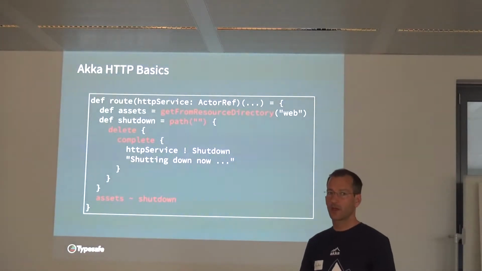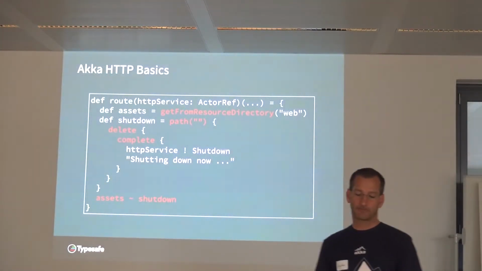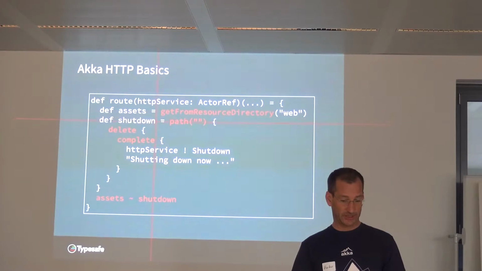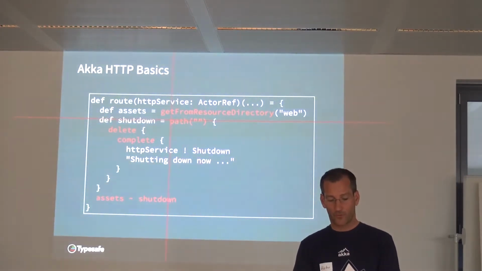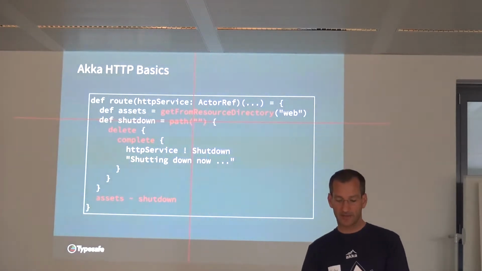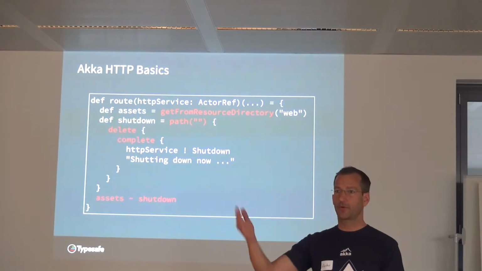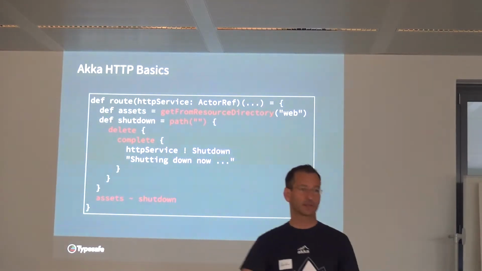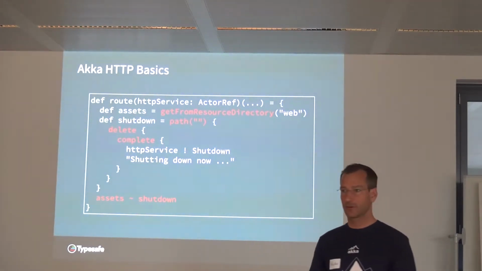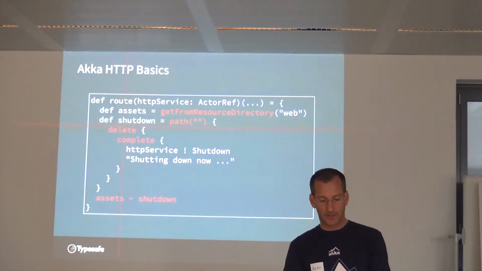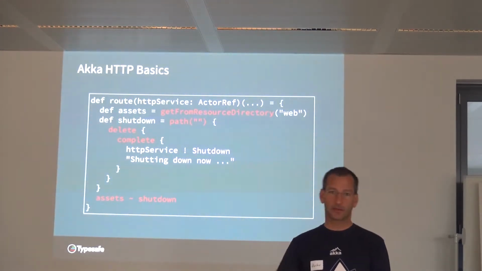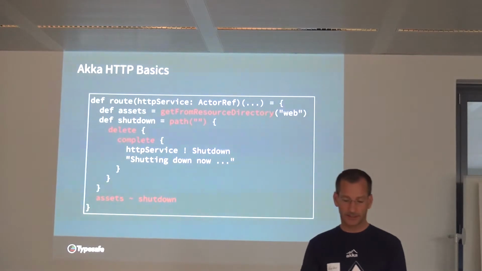If you want to have some dynamic content, like in this case, shutting down your system, you go for the root path. Here's a path matcher. That's a simple path. You could have a more involved path and extract something like an ID or whatever you want to do. Then you have the HTTP verb or the method, like get, post, delete in this case.